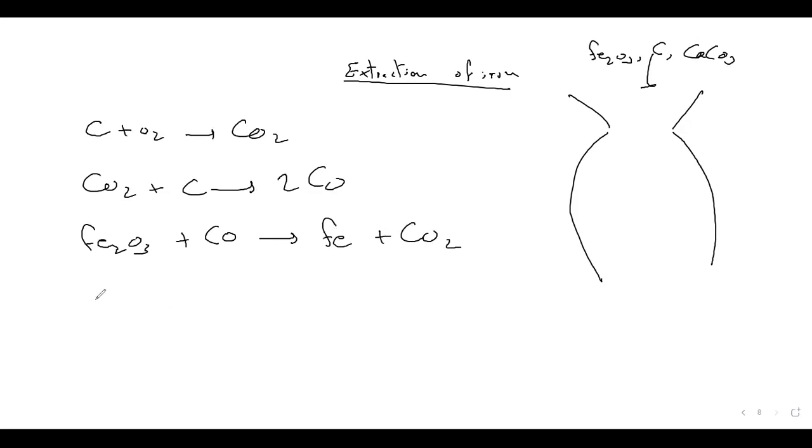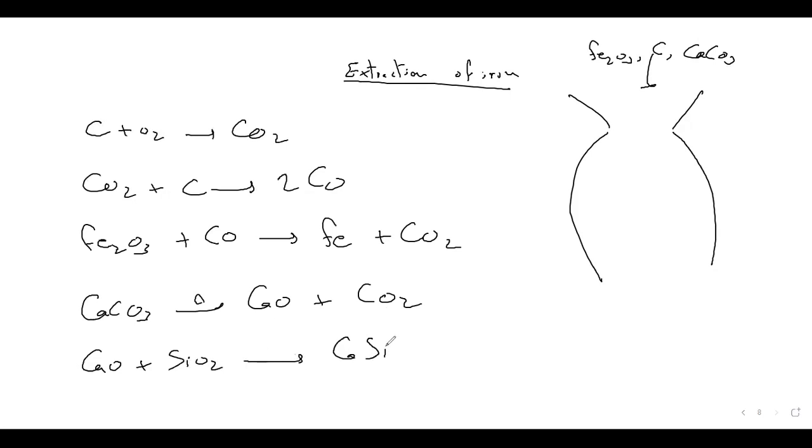After that, limestone is heated to form lime and carbon dioxide. Calcium oxide, a metal oxide which is basic, reacts with a non-metal oxide, silicon dioxide, to form calcium silicate, which is slag. The first equation is the exothermic equation, carbon reacts with oxygen to form carbon dioxide.